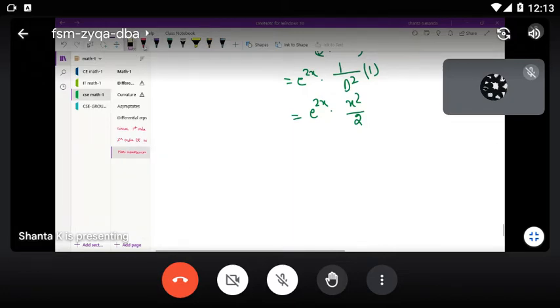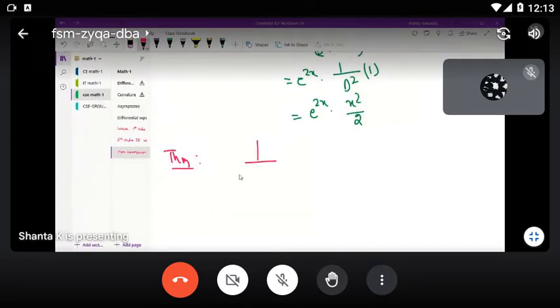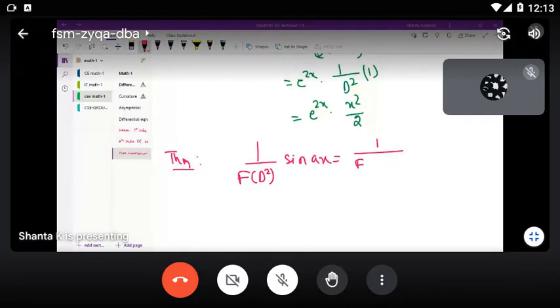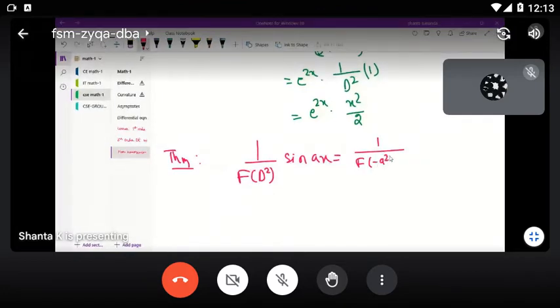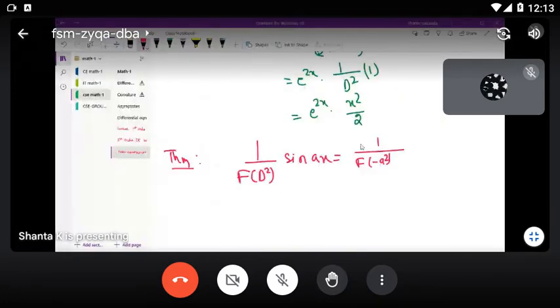So another formula we will discuss. So here it is for the sine and cosine. So 1 by f(D square), if it is there, and sin ax, then D square will be replaced by minus a square, sin ax.